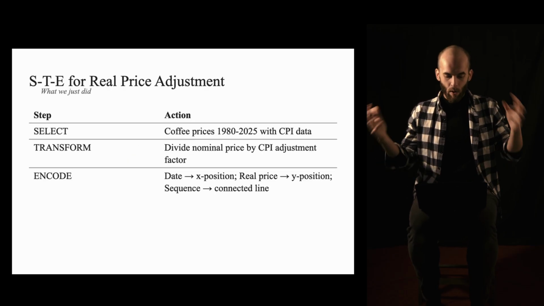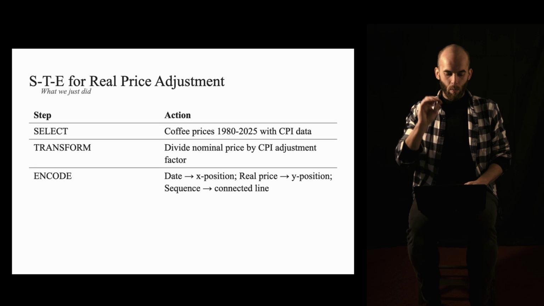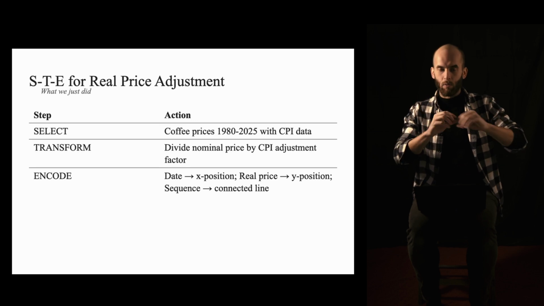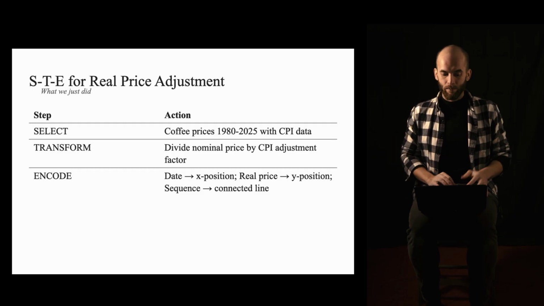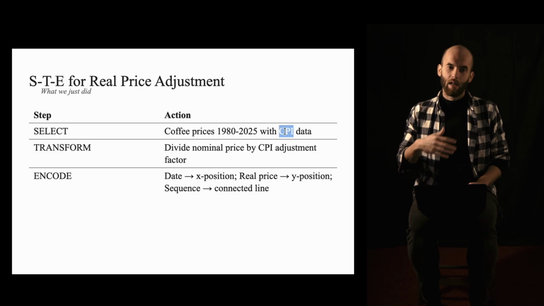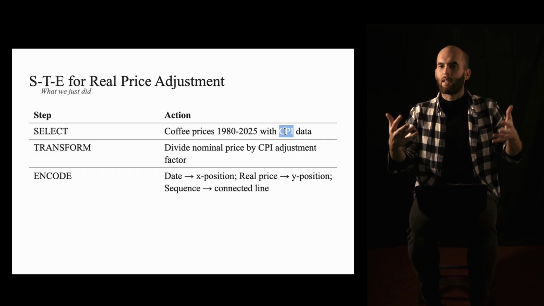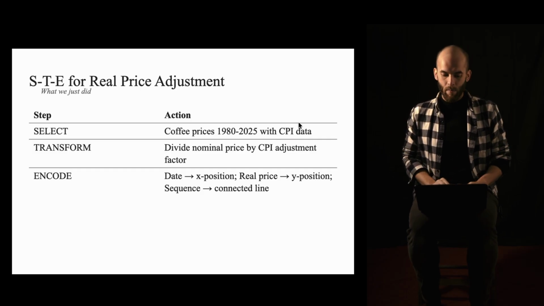All right, so what have we done here? The coffee prices we're selecting are going back to the 1970s, 1980, up through today. And we also have this CPI data. I've done a bit of work behind the scenes to make this easy to do, but we have that in the data set as well.